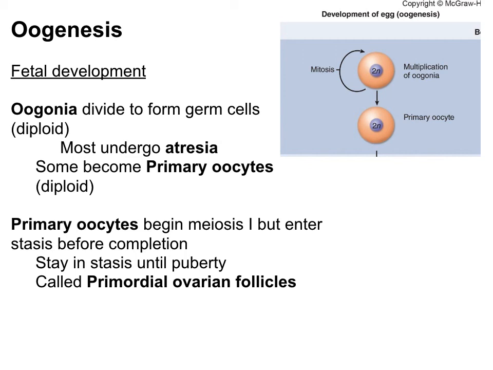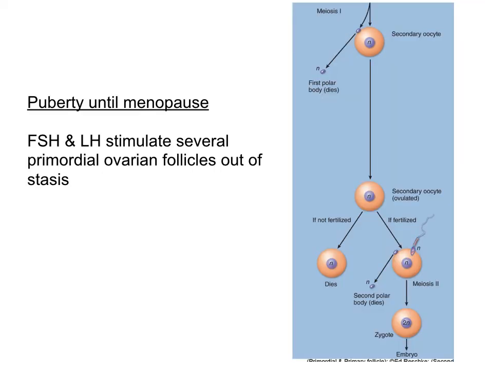By puberty, there's only about 200,000 left, so they continue to die as the female ages. After puberty, and then continuing into menopause, follicle-stimulating hormone and luteinizing hormone stimulate about 24 ovarian follicles to continue developing each month.